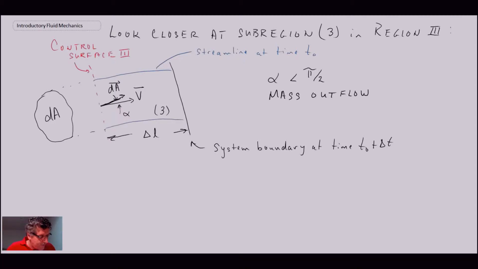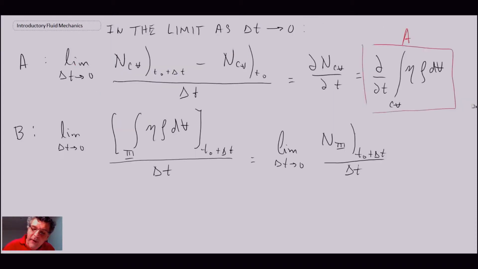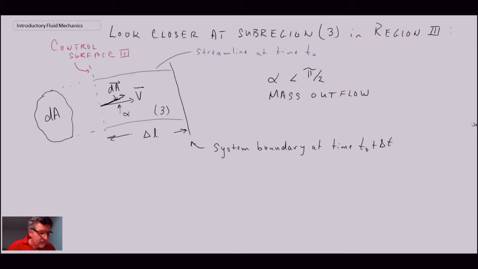Now what we're after, let's go back here, we're after this. We want to know the time rate of change of the extensive property in region 3. So this is a differential element out of region 3. So what I can write is the differential element at time t0 plus delta t.